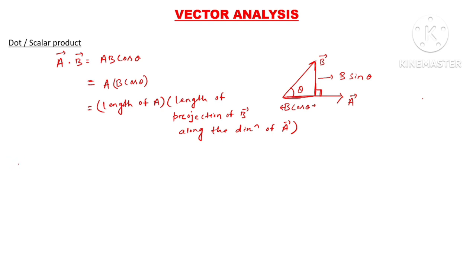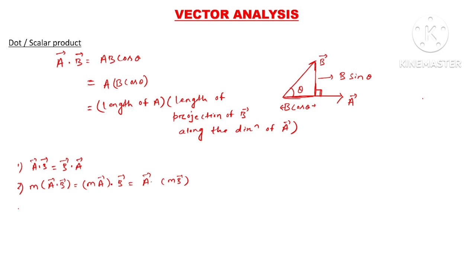Okay, so let me write it down. A dot B is equal to B dot A, and if I multiply a scalar with it, M A dot B, that is equal to A dot M B.